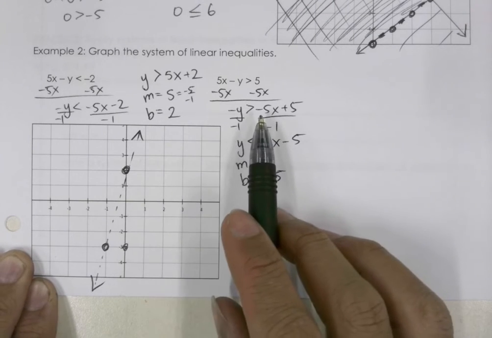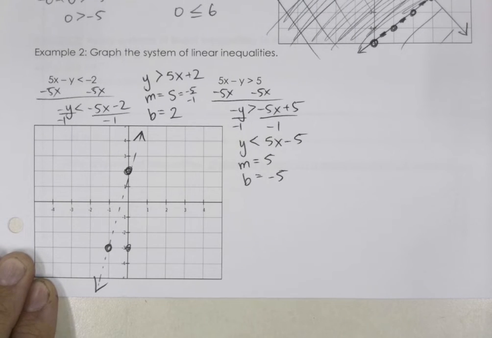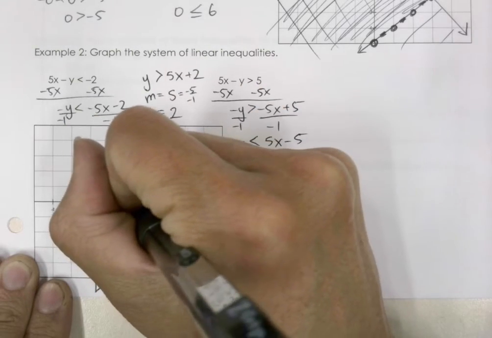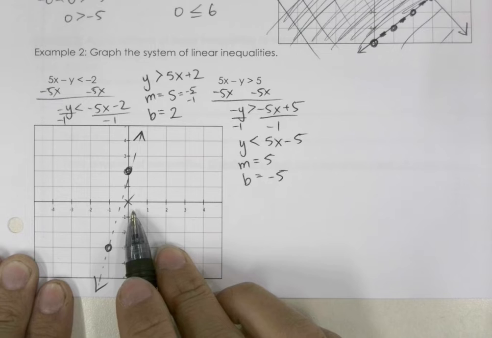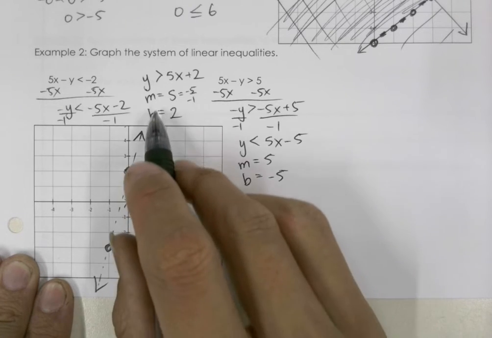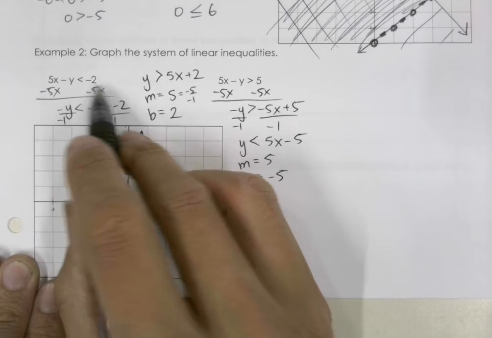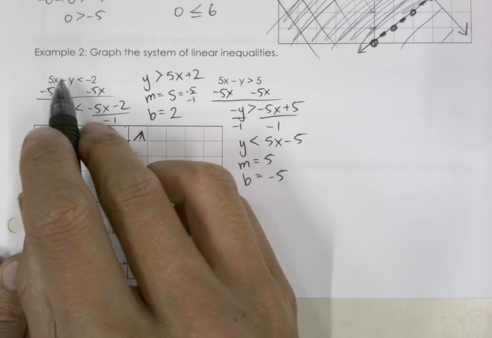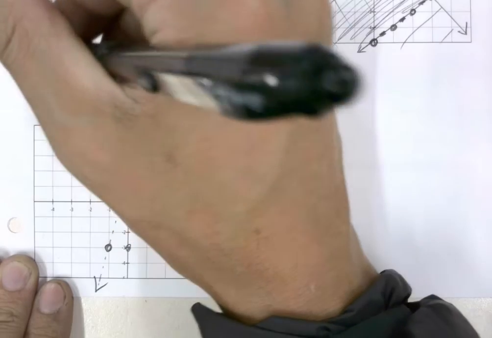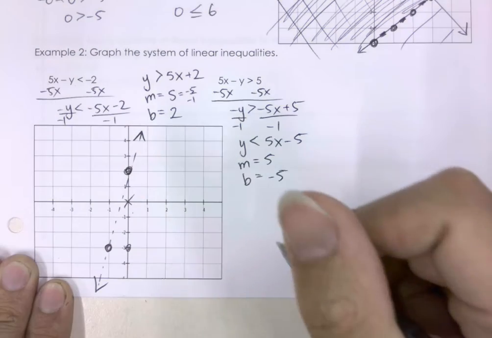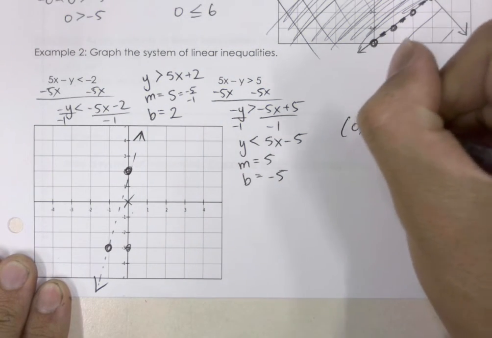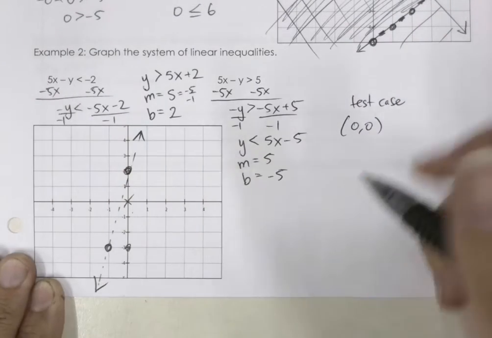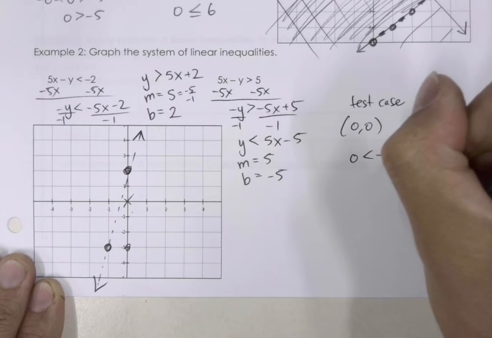It's better to shade in the side that is the solution first. So let's use 0, 0 as our test case and substitute it into our inequality. 0 times 5 is 0, minus 0 is 0. So we get 0 is less than negative 2.